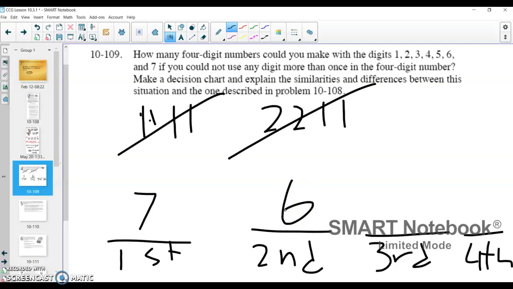Maybe you chose number 1, and so now there's only 6 choices for that second number. Say on the second number you chose number 2. Can't repeat that. So by the time you get to the third decision, you only have 5. And then after you choose that one for the third decision, you can take away another one, and you would only have 4 by the time you get to your fourth decision.